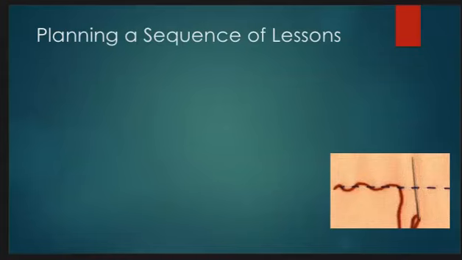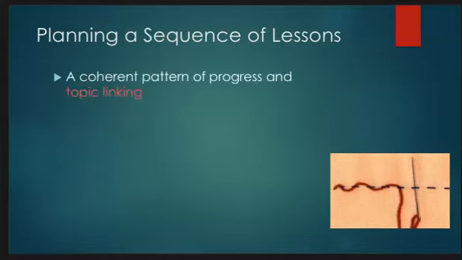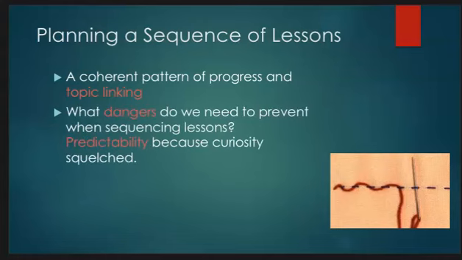In addition to individual lesson planning, we need to be thinking about lessons as part of a sequence. So it's important that students are able to see a clear pattern of progress and a transparent topic link between our lessons. When we sequence our lessons, we need to make sure that our lessons are not totally predictable, because that can be really demotivating and unengaging for our students.